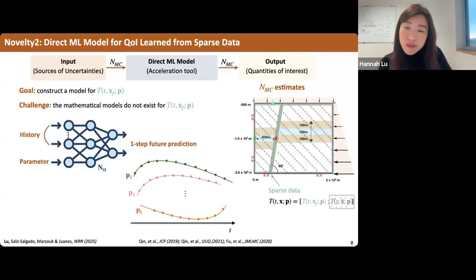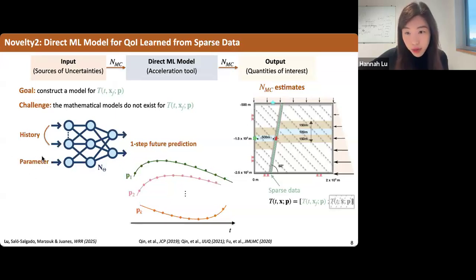So, motivated by the so-called Mori-Zwanzig formalism, I'm not going into the mathematical details of it, so you can refer to these mathematical papers here. They designed a neural network structure that incorporates some past history of the quantity of interest so that the future trajectory can be learned from the sparse data, but with history.